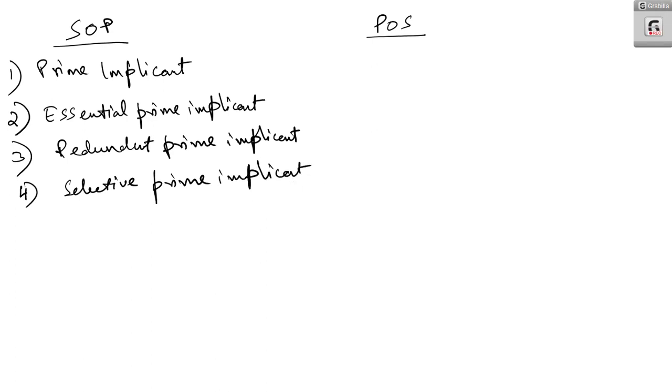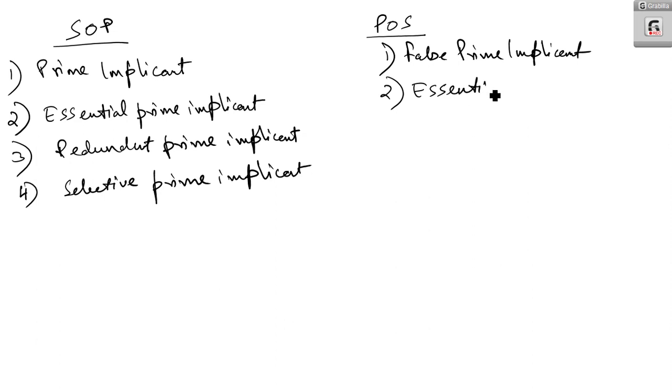Okay. Now coming into POS form, we have first one, what is false prime implicant? Second one is essential false prime implicant.